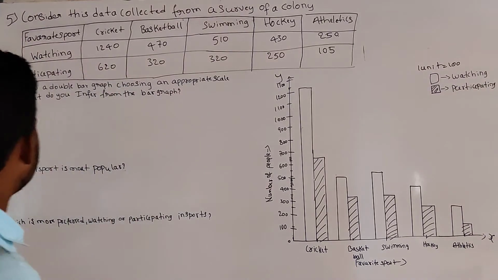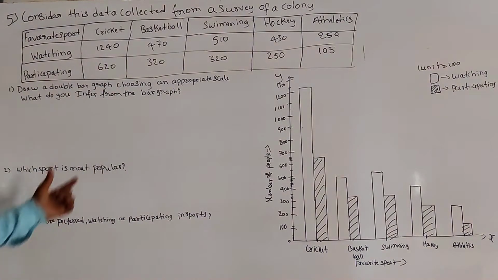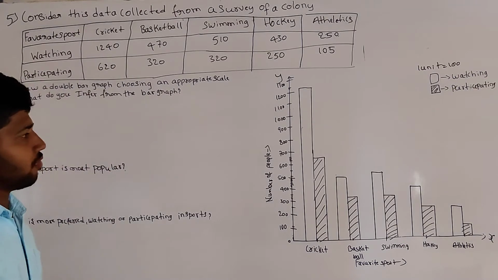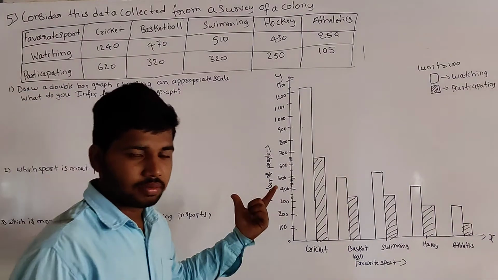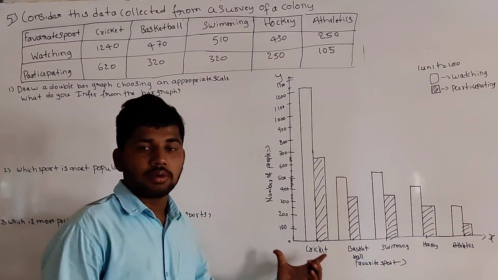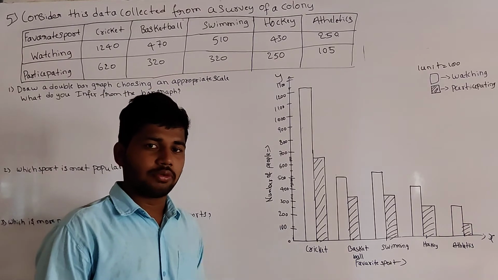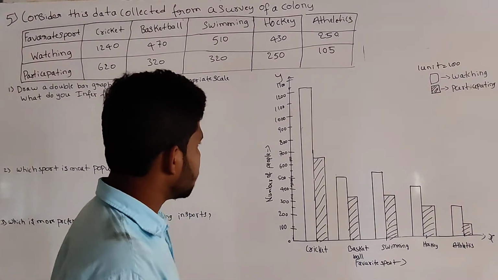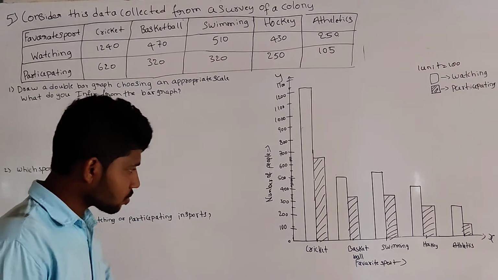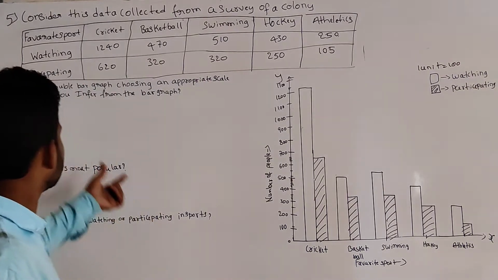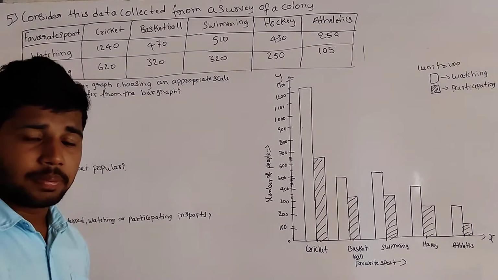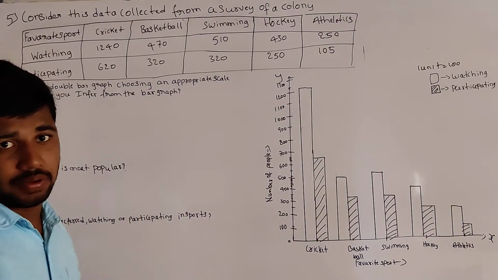Coming to the first question, what do you infer from the bar graph? That means, what do you understand from the given bar graph? We can understand that the number of participating people is half of the watching people.